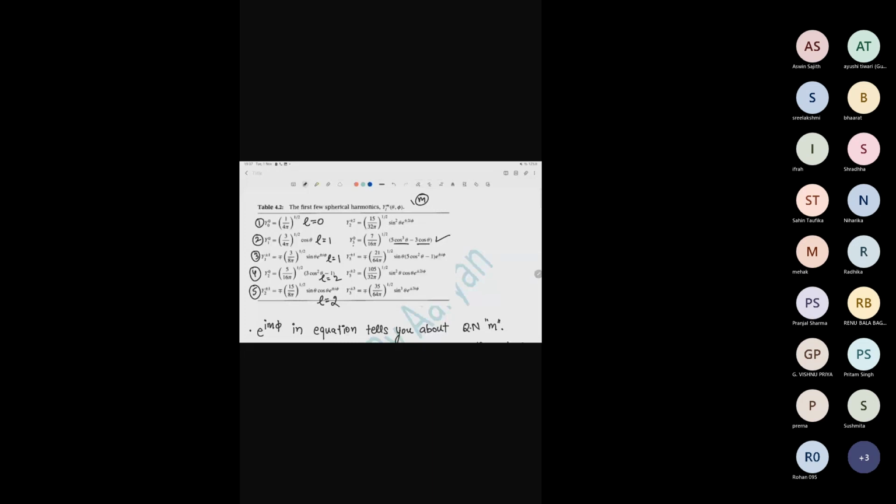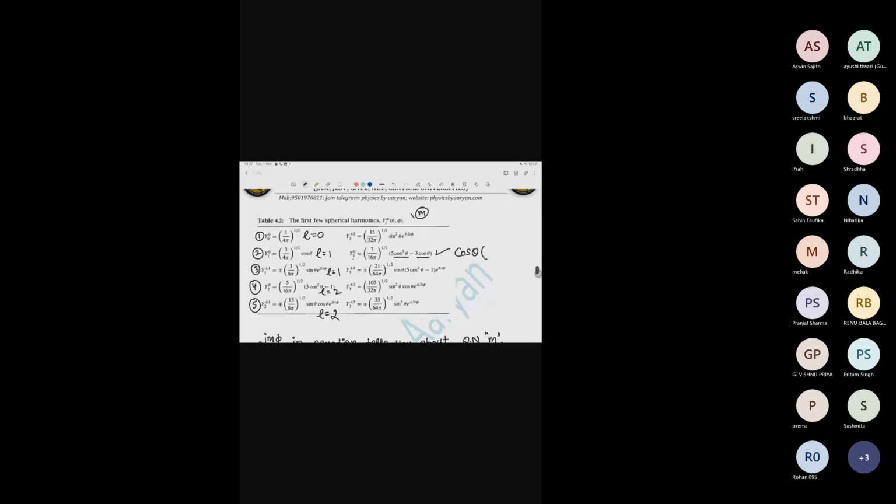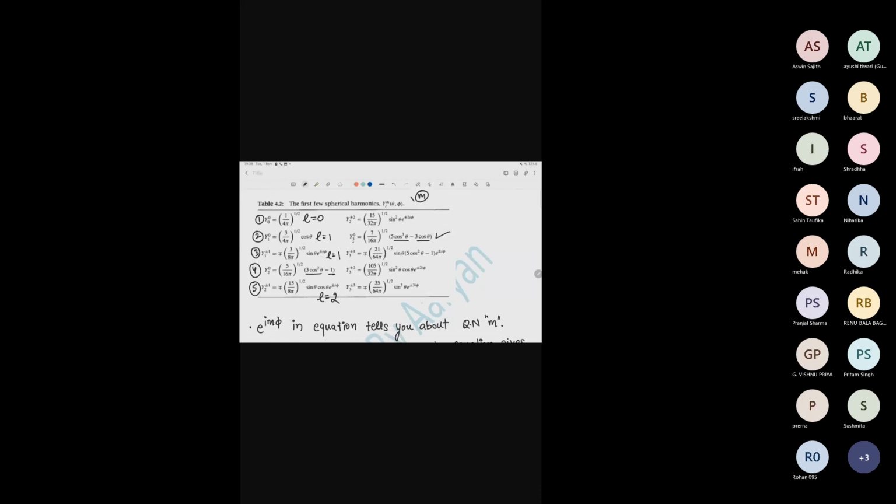Okay, so let's see. What is happening here is, if you see this fourth equation, 3 cos square theta minus 1. In this there are 2 terms, but here there is nothing, 0.